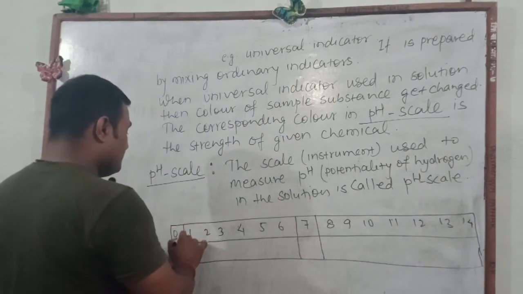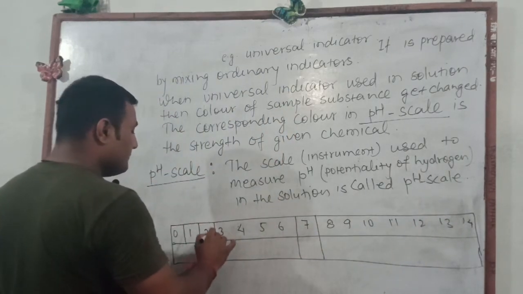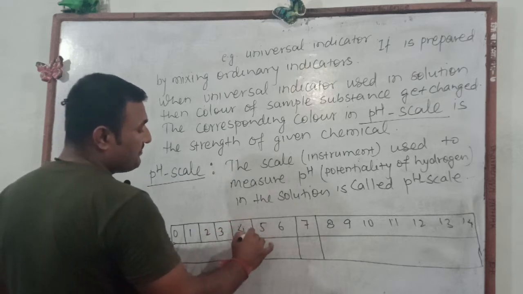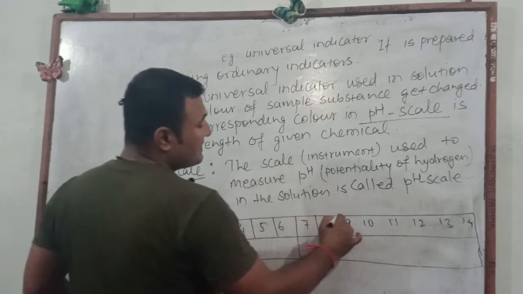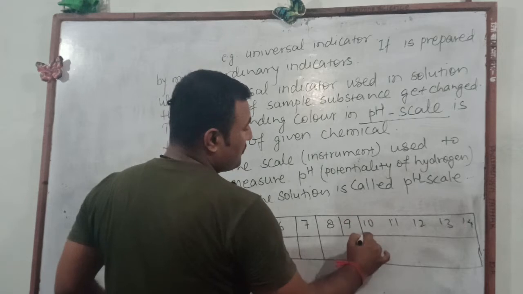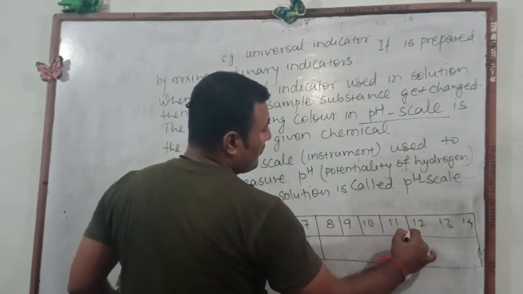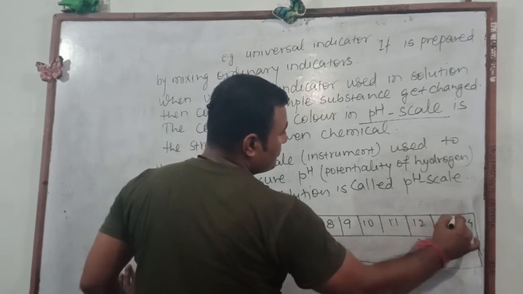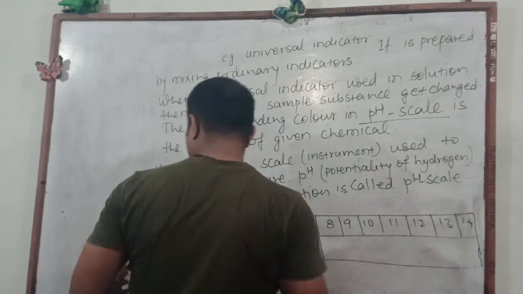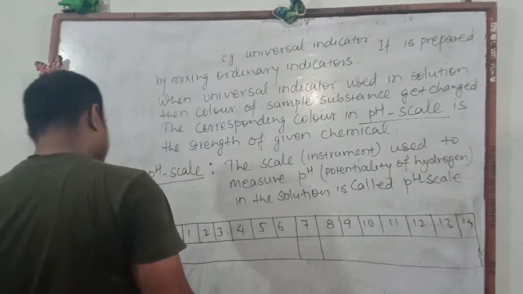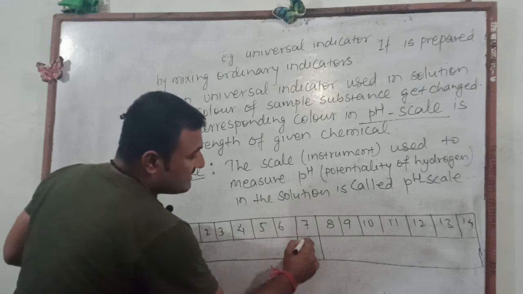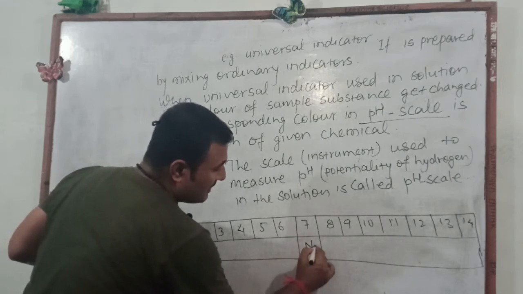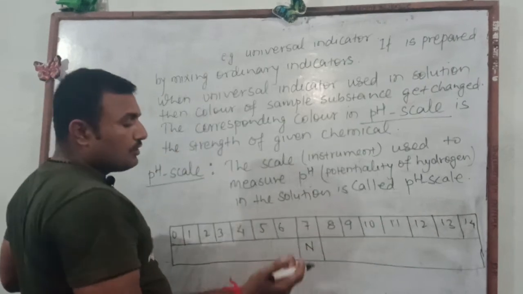These are the different measurements given in the pH scale. The pH scale ranges from 0 to 14, or 1 to 14 also we can write. Exactly 7 is neutral, neither acidic nor basic.